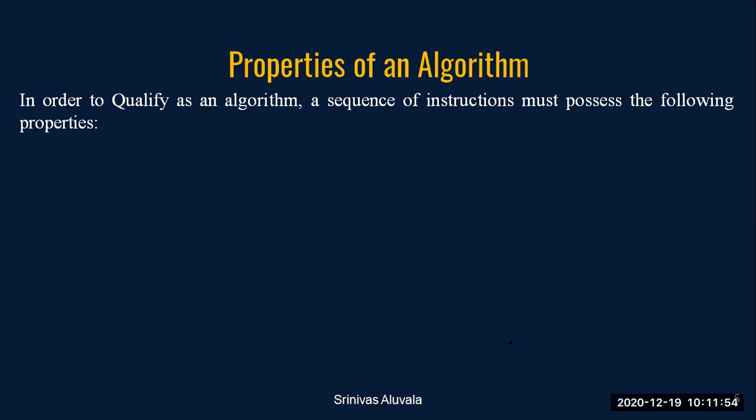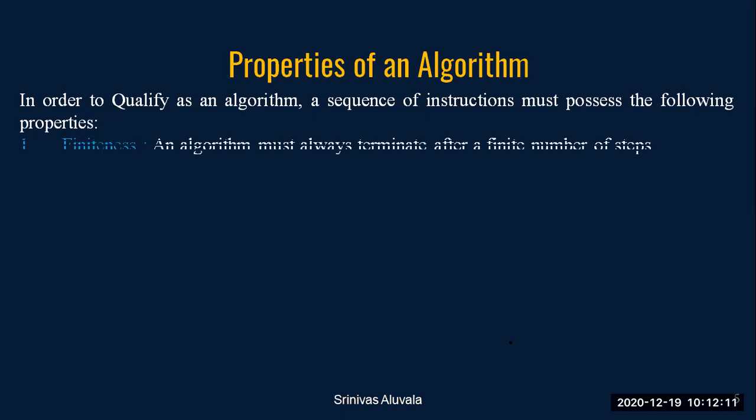No, those sequences of steps need to possess some properties, and if a specific sequence of steps possesses those properties, then it can be called an algorithm. So what are the specific properties which an algorithm needs to possess?